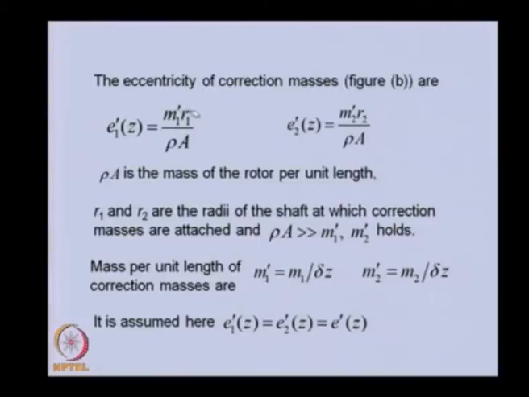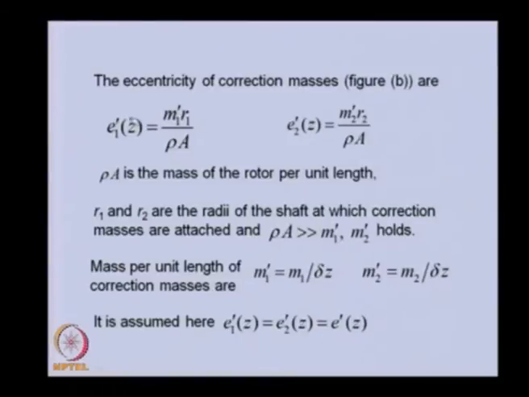M1 R1 omega square will be the force corresponding to that correction mass, and rho is the mass per unit length of the shaft. So the mass of the shaft times the eccentricity times omega square will be the equivalent force which the shaft eccentricity will exert. So we can calculate the shaft eccentricity equivalent to the correction mass like this.